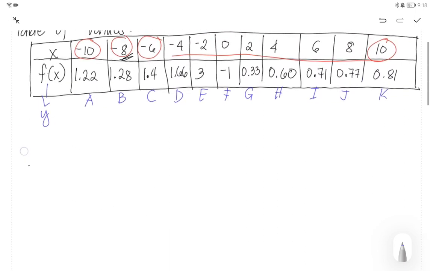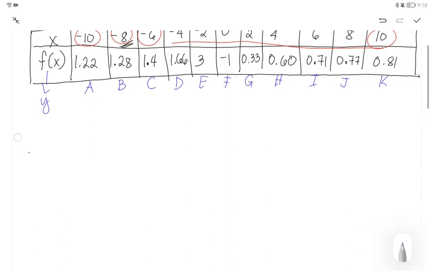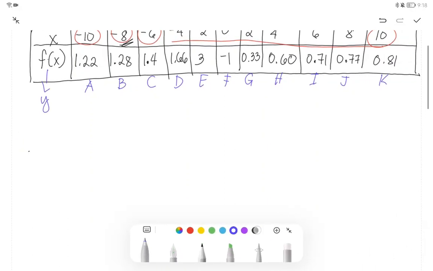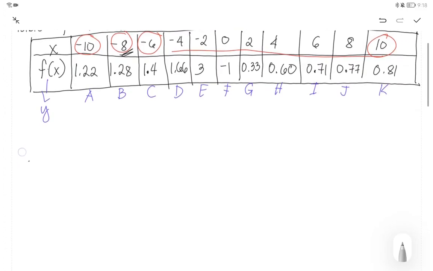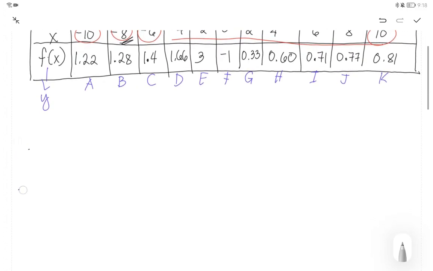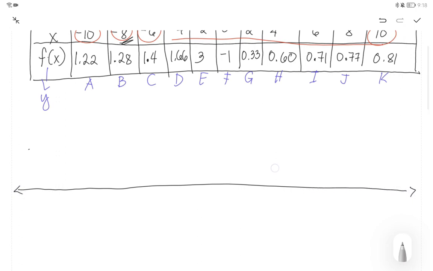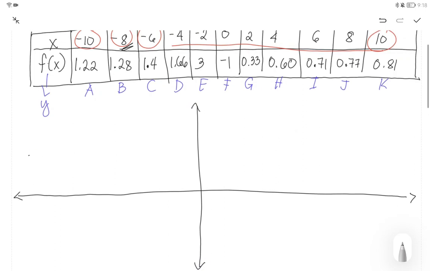Okay, now let's make a Cartesian coordinate plane. For example, the values go up to positive 10. These are the x values and y values.